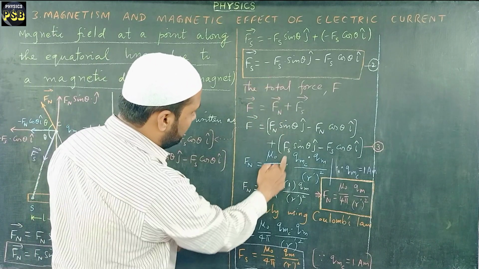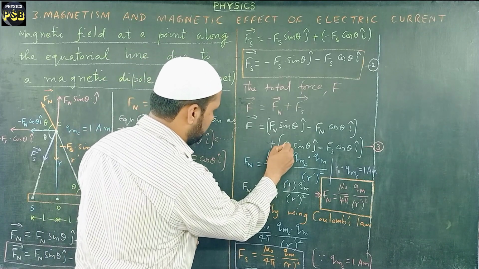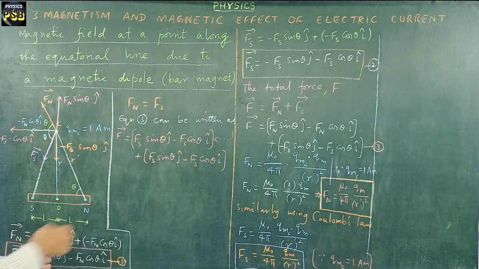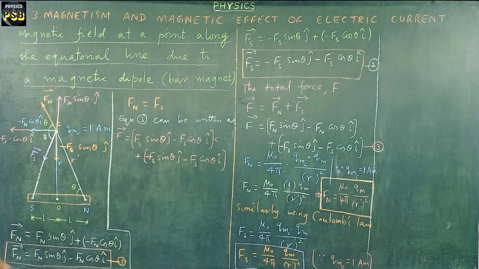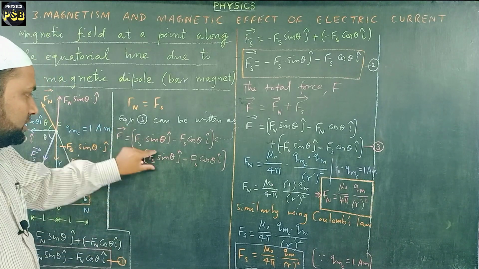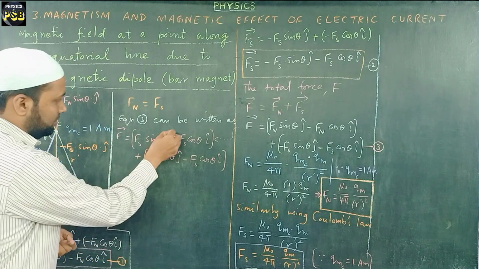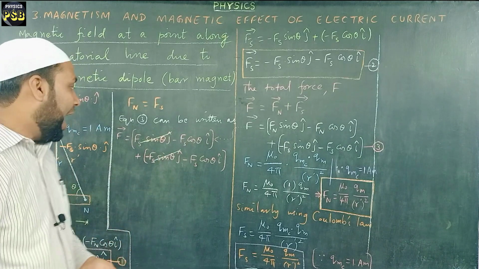Here I should have mentioned a minus sign, and similarly you should mention a minus sign here. So by doing so, what happened? These two terms, which have the same values but act opposite to each other, get cancelled. This and this get cancelled, whereas these two terms get added up.